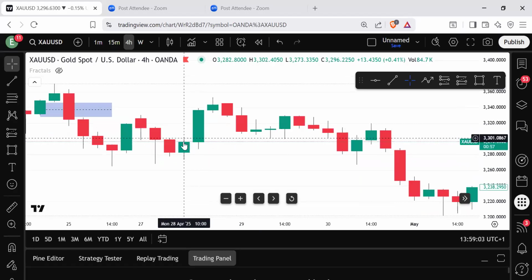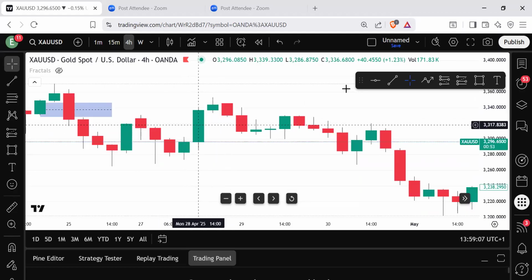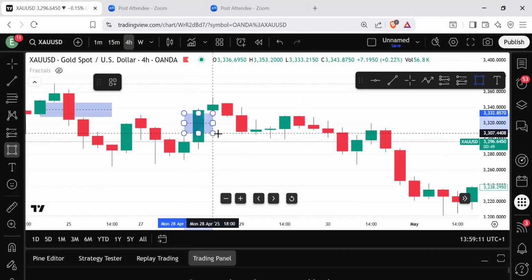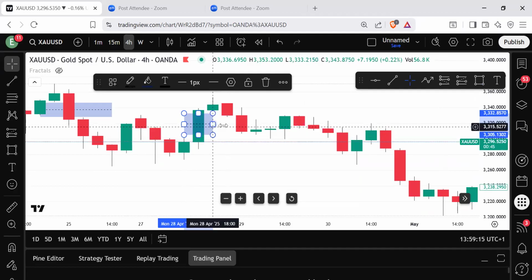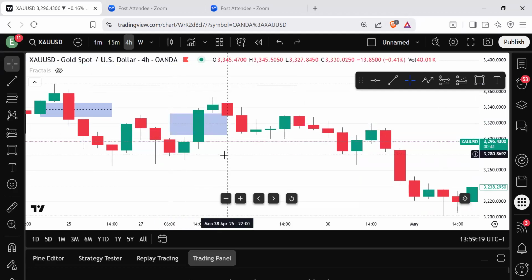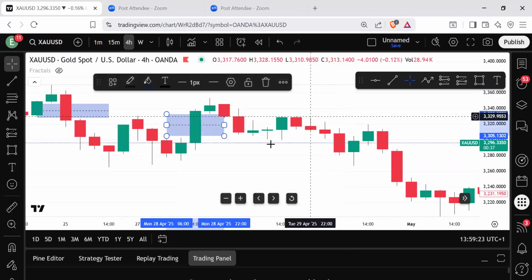So 1 and 3, there's a gap. It's a big gap actually. And the bigger the gap, the better to identify it in the market.